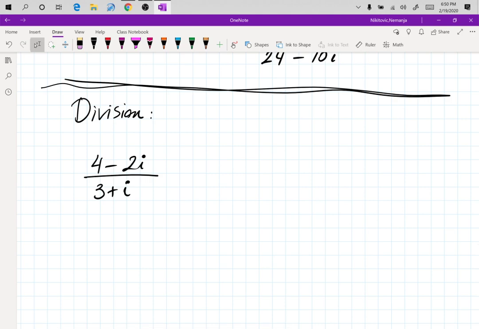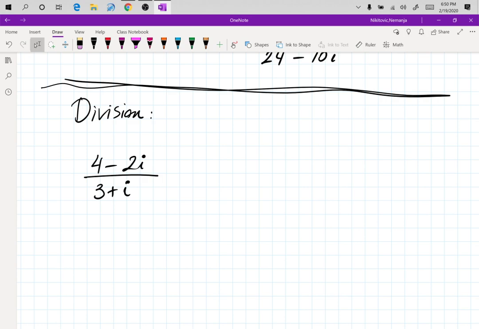Well, what is i? i is the square root, right? And how do you deal with division with square roots in algebra?